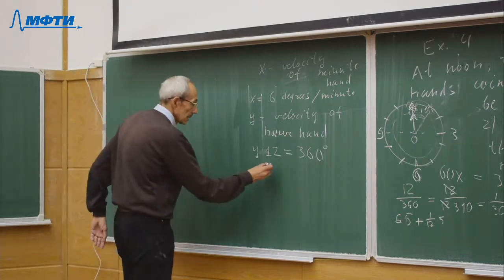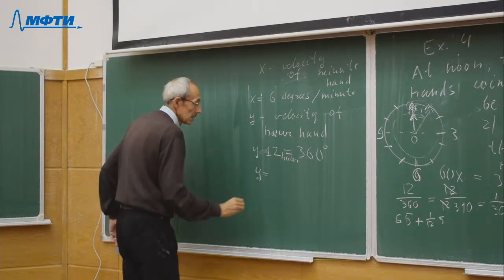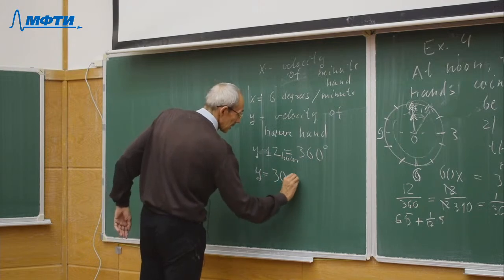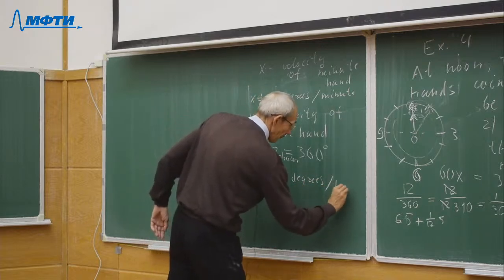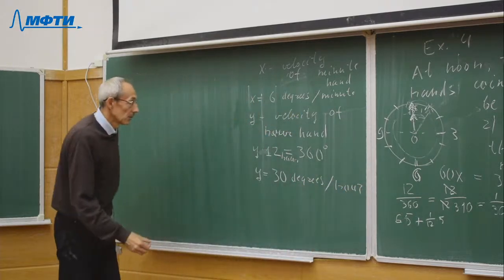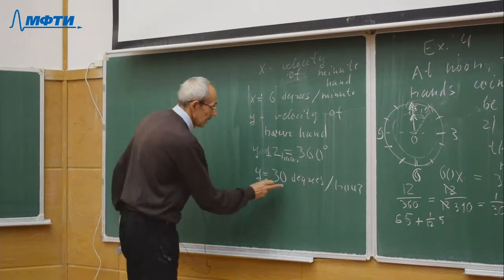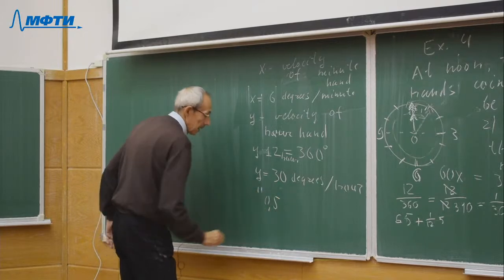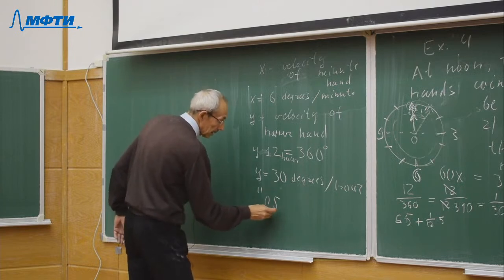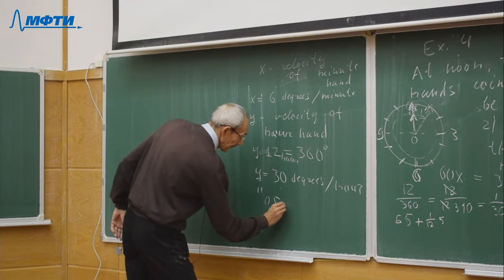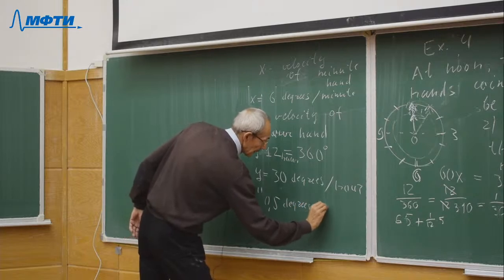And y is equal to 30 degrees per hour, but this value is equal to half a degree per minute.